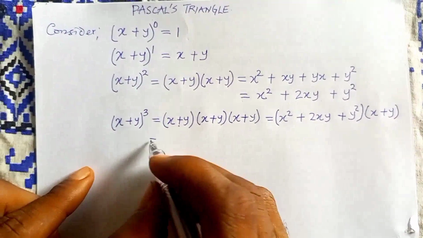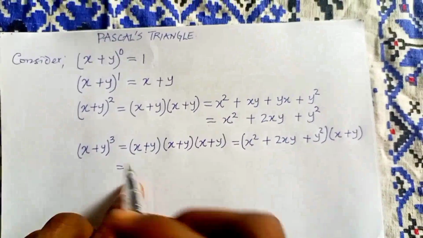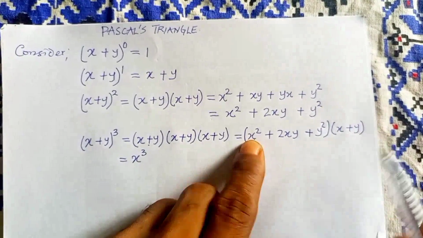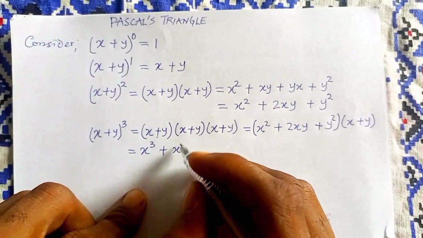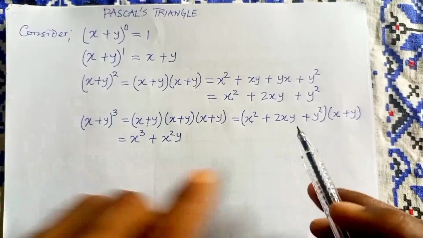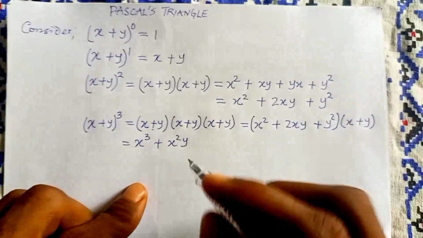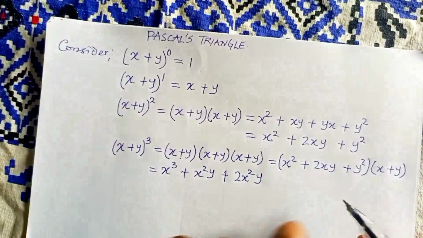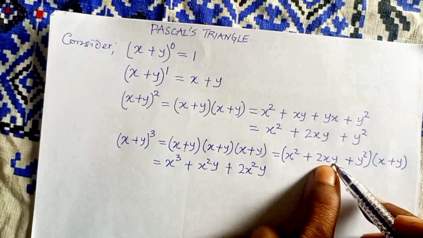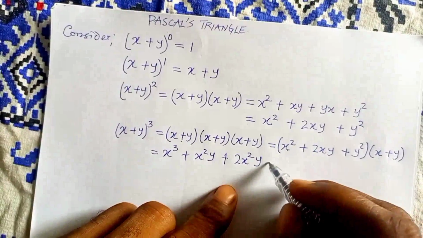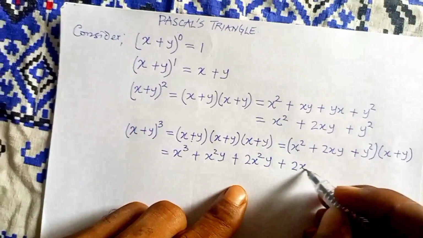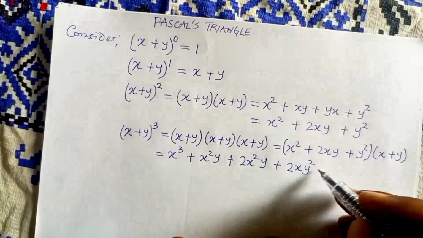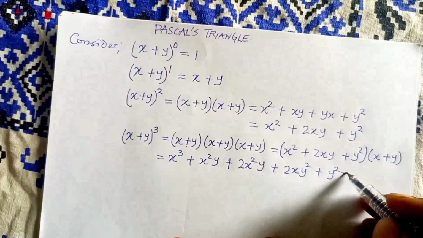Using the same principle, this gives us x cubed. This gives us x squared y. This gives us another x squared y. This gives us 2xy squared. This gives us y squared x.